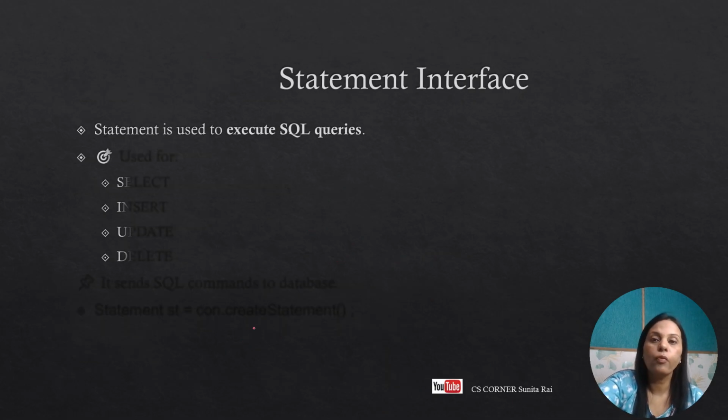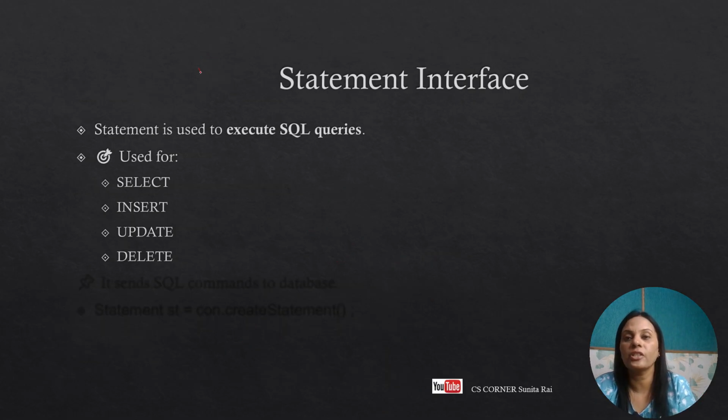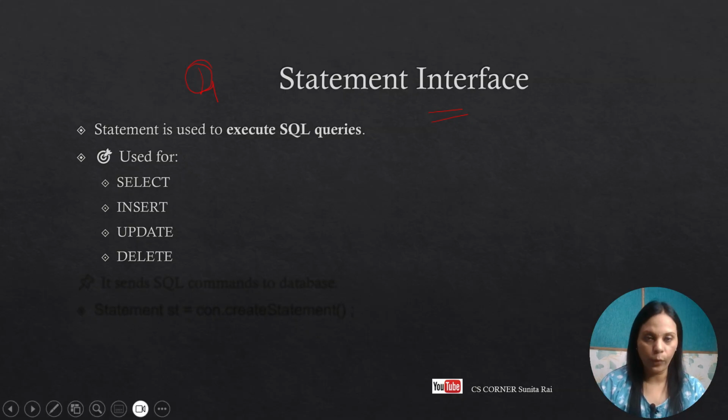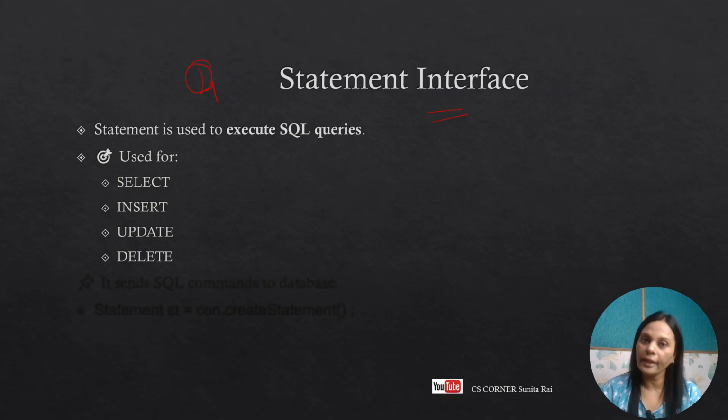Now the fourth component we have is the Statement interface. Again, guys, Statement is an interface. It is not a class. So if I want to use Statement, I cannot instantiate or create an object of this Statement. I have to take help of Connection for creating an object of Statement.